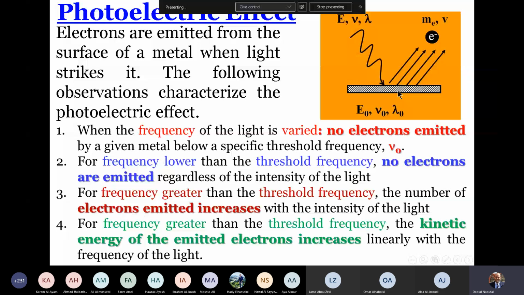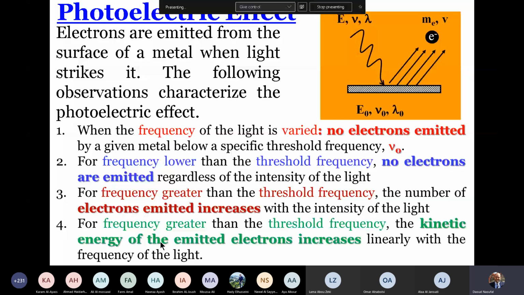So for a frequency lower than the threshold frequency of the metallic piece, no electrons are emitted. For a frequency greater than the threshold frequency, we observe emission of the electrons. For a frequency greater than the threshold frequency, the kinetic energy of the electron increases with the frequency of the light.